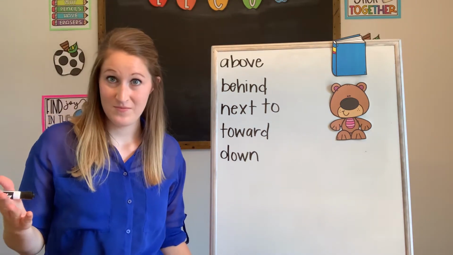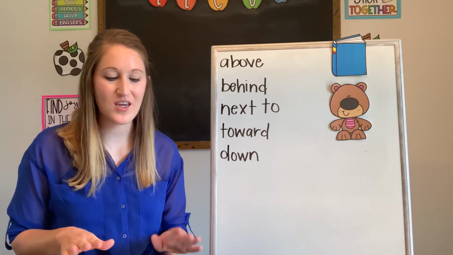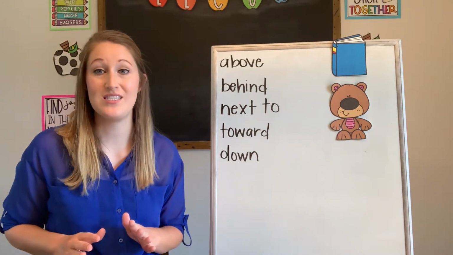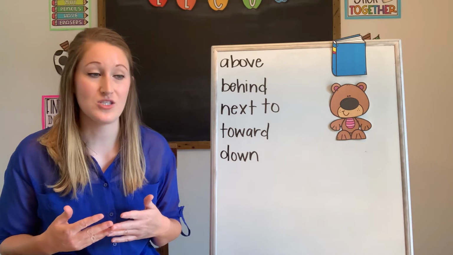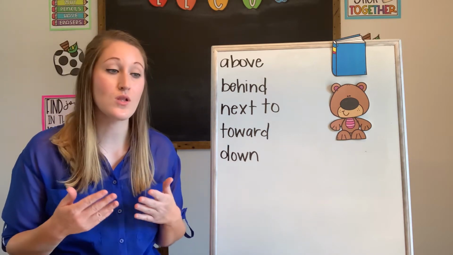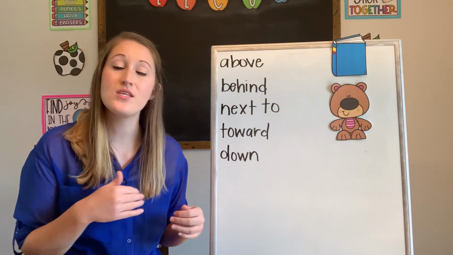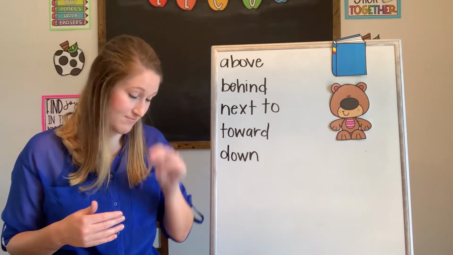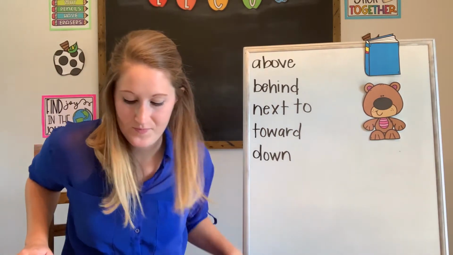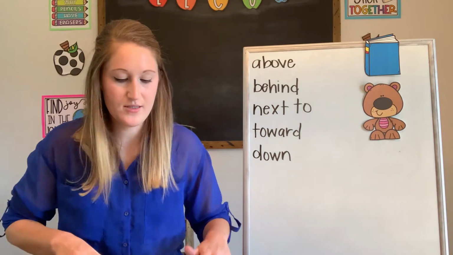So we're going to stick with our pattern for this week, and we're going to start by reading some sentences and identifying the prepositions, those words that show the relationship between nouns and the rest of the sentence. So let's get started. Our first sentence.